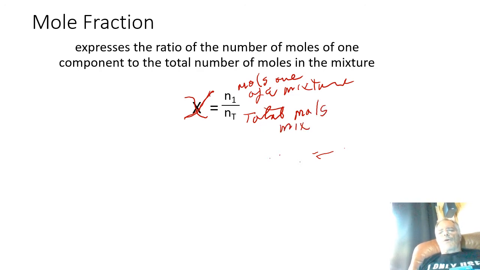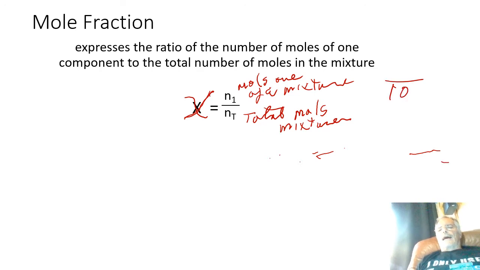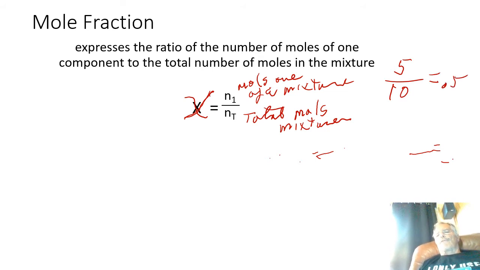So you add up the moles of every component of the mixture, and you get the total number of moles. This is always going to be a decimal. It doesn't have any units, because this is just a fraction of the total, so it'll always be less than 1. That would be like saying, let's say I have 10 moles total, and out of those 10 moles I have 5 moles of one of those things. That's just going to be equal to 0.5, or 5/10. It's always going to be a decimal like that.